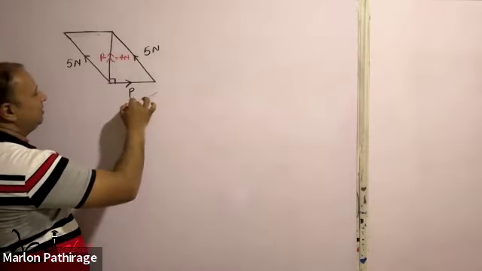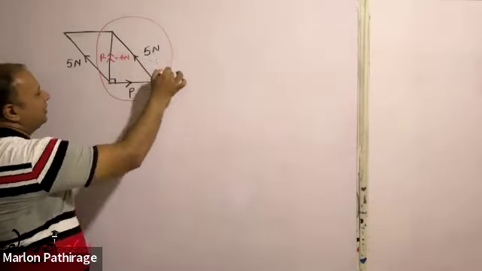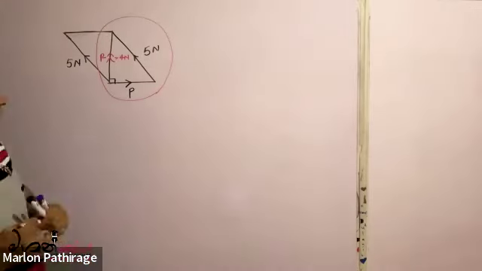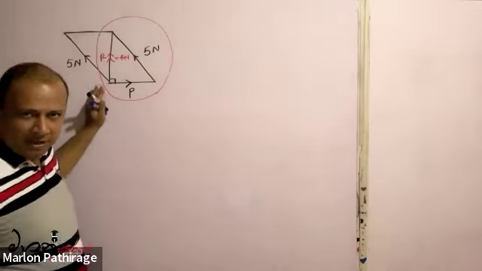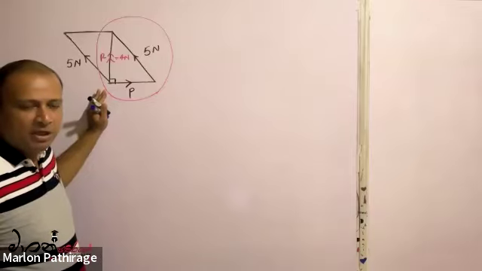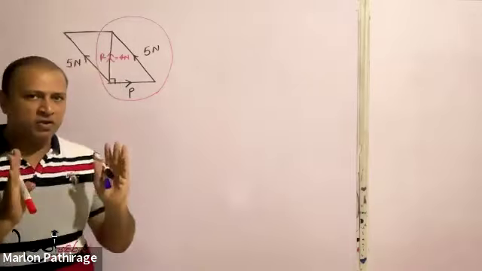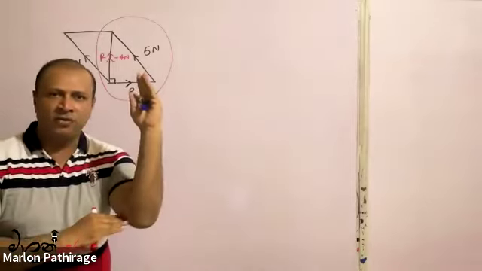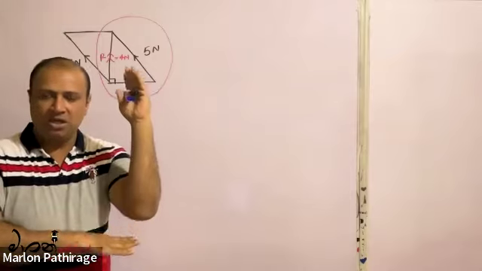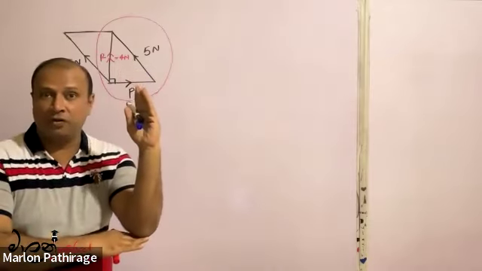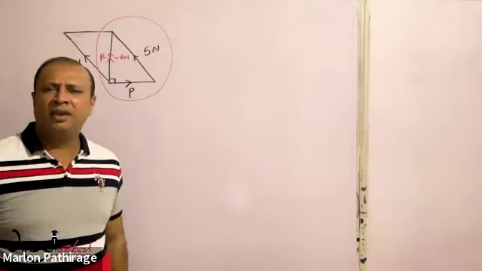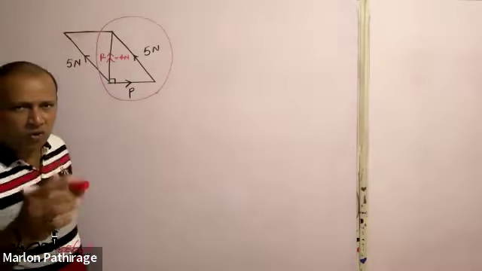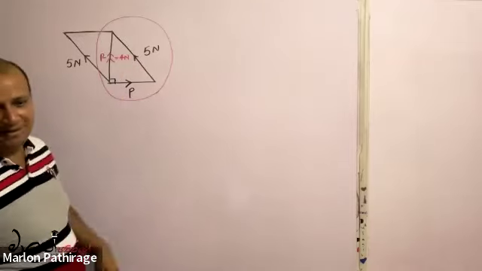So you know this triangle is a right angle triangle. If you are given this kind of question, that means if the resultant force is perpendicular to the smaller force, then no need to draw the parallelogram. You can solve that by using this triangle.